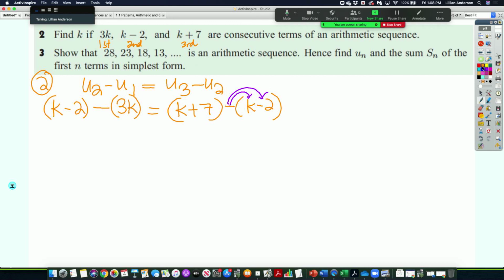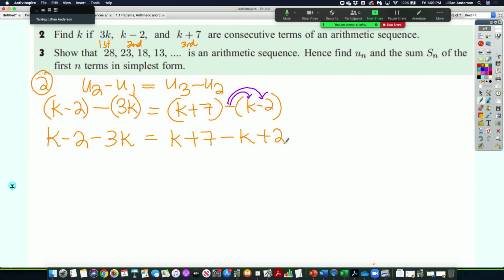A lot of times students forget that if you're subtracting an expression, you have to carry that negative over to each term in that expression. For the first one, since 3k is just one term, I don't have to worry about distributing it. However, on the right side, it's going to be a minus k and then a plus 2. So just be careful here.